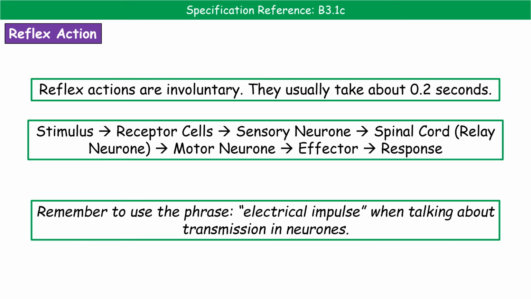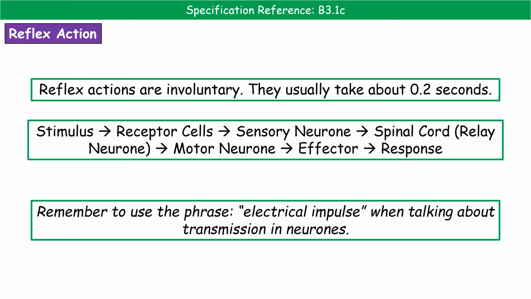Now, do note my little point at the bottom there. When we are talking about transmission in neurons, please use the term electrical impulse. Don't just say electricity or impulse, because some of the mark schemes have been quite specific about the phrasing. So if you're just saying the message is transmitted from the receptor cells to the sensory neuron to the spinal cord, you're not getting the marks here, folks.